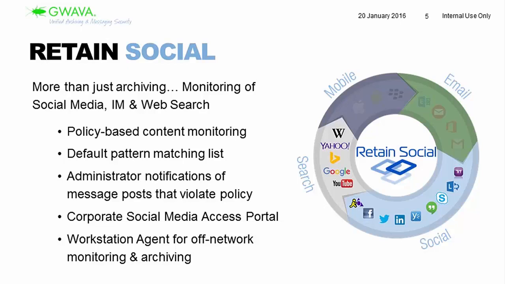The names are interchangeable. Microsoft recently changed the name of Lync to Skype for Business. Google Hangouts, Yahoo Messenger, AOL Instant Messenger, those are the instant messaging solutions that are supported. And then for web searches, you have Google, Yahoo, Bing, Wikipedia, and YouTube searches. All of those, as you can see on this screen here, are supported with Retain Social.